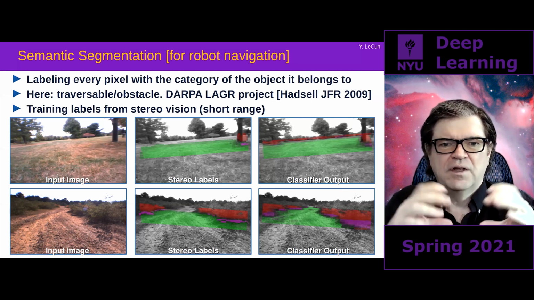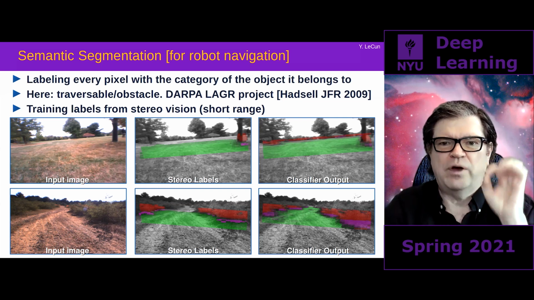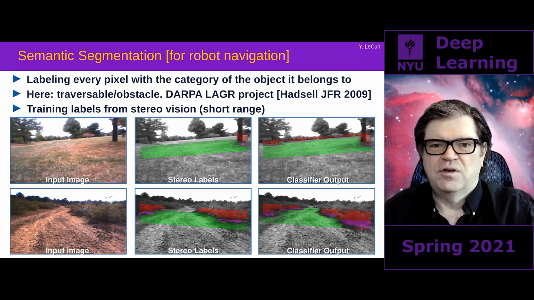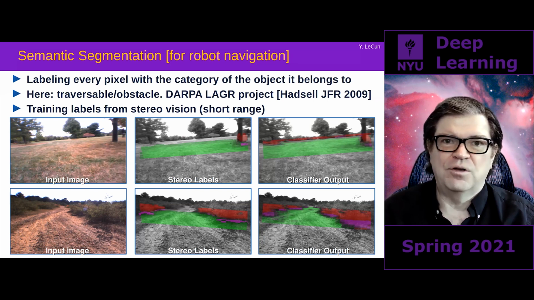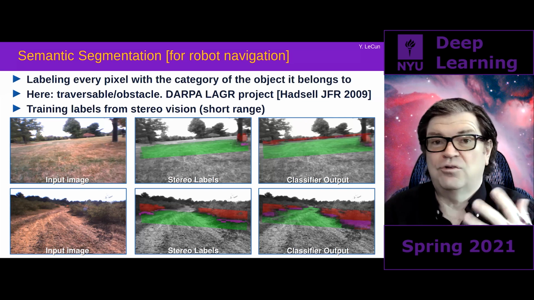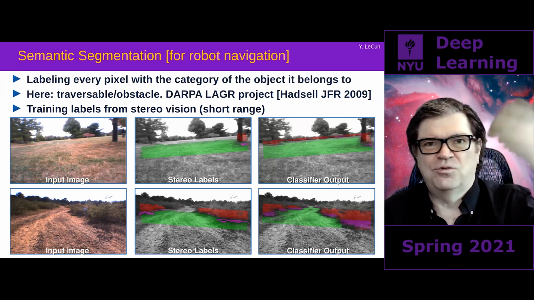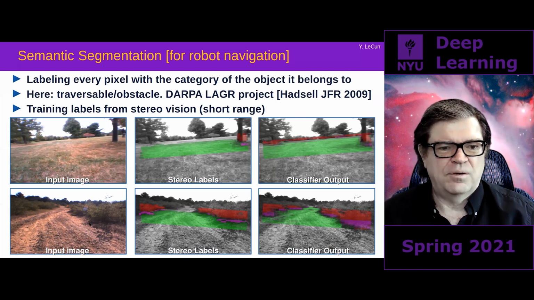And you train the system to label the central pixel as to whether, in this case, it's something the robot can drive over, or whether it's an obstacle that the robot would bump into and cannot traverse, like tall grass and things like that, and brushes.